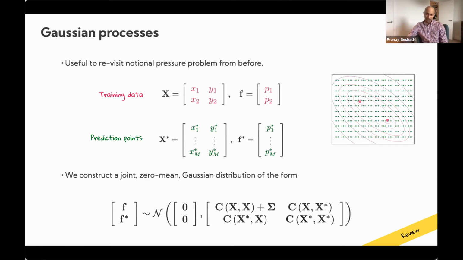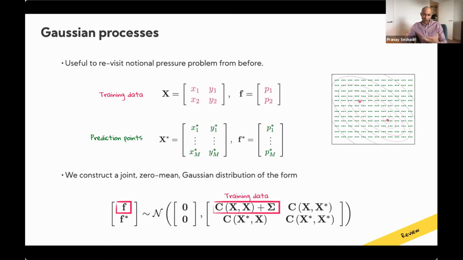Hypothetically, at a very high level, what we're doing is we're assuming that the training data, as I said, these measurements can be assumed Gaussian, with the uncertainties arising from a range of different factors. We're also in tandem assuming that the pressure values that are going to be found at the prediction points are also Gaussian. So together we create this joint Gaussian distribution that really describes the pressure at any point within this control volume.